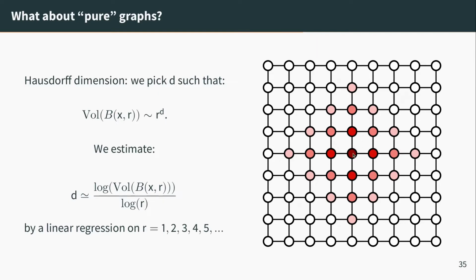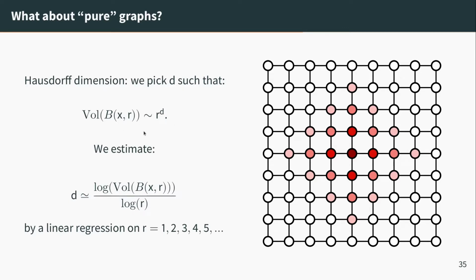A ball centered around x of radius 2 contains 1, 2, 3, 4, 5, 6, 7, 8, 9, 10, 11, 12, 13. Okay, and then a ball of radius 3. And what's interesting is that at least for those kinds of grids, we can show that the volume of this ball of radius r grows polynomially with the radius on simple spaces. And so you could define the dimension as the degree of this polynomial.